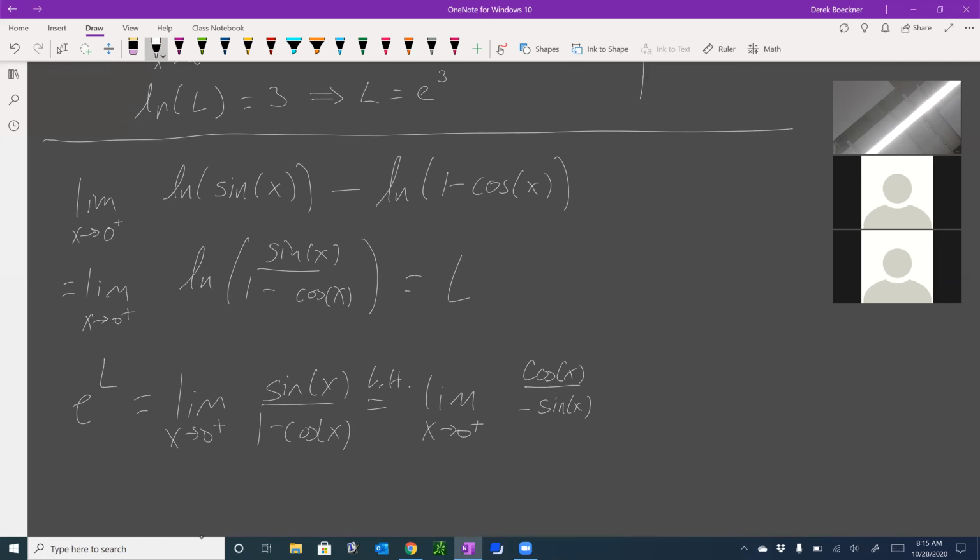But it's already got a negative on there, so it's going to be a positive sine of x, which is the limit of the cotangent of x as x goes to 0 from above, which is equal to infinity. So e to the L equals infinity implies L equals infinity.